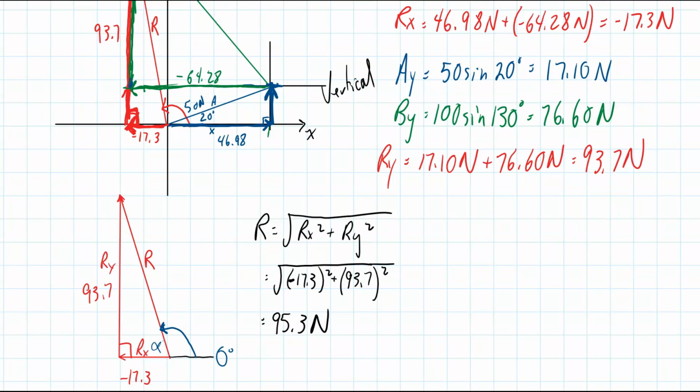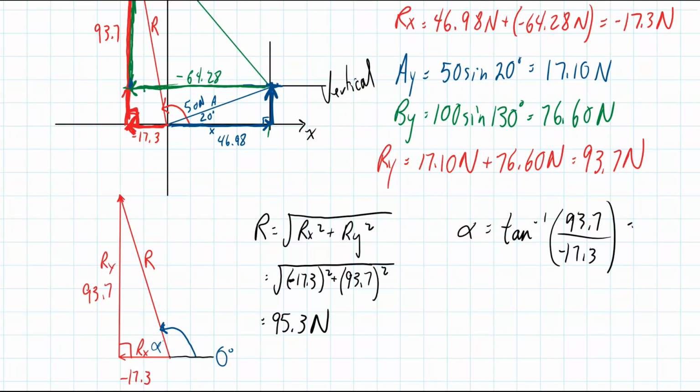So let's find alpha first. Alpha is equal to the tan inverse of y over x, since tan is y over x. So it's the tan inverse of 93.7 over negative 17.3.